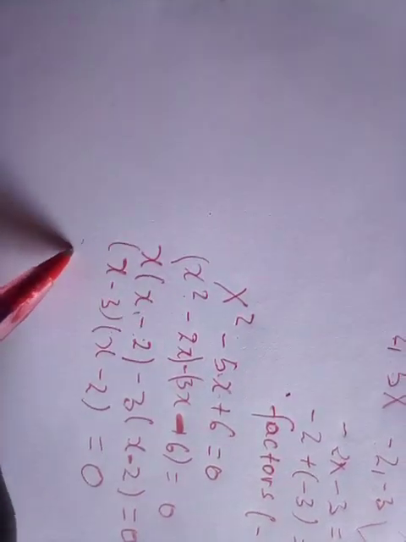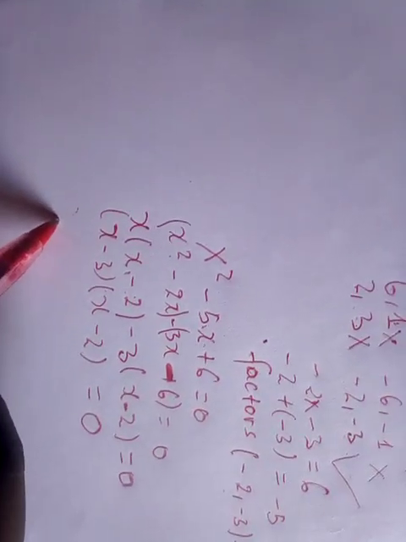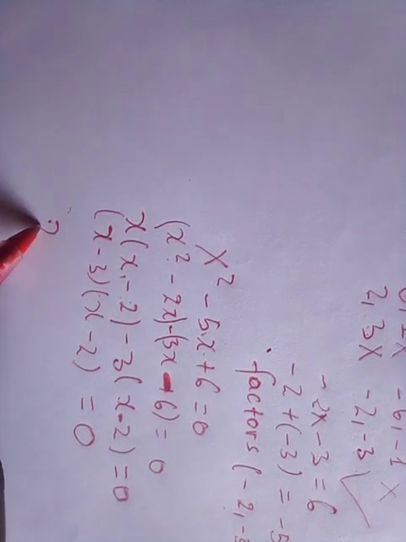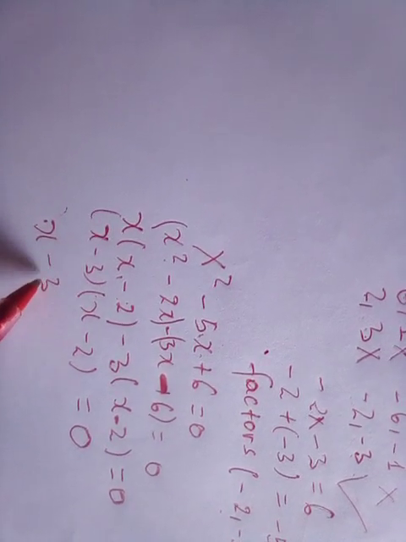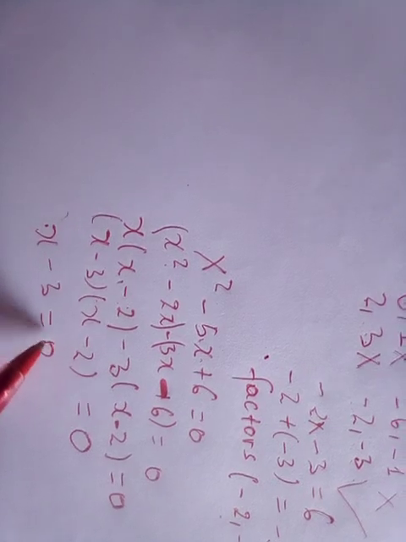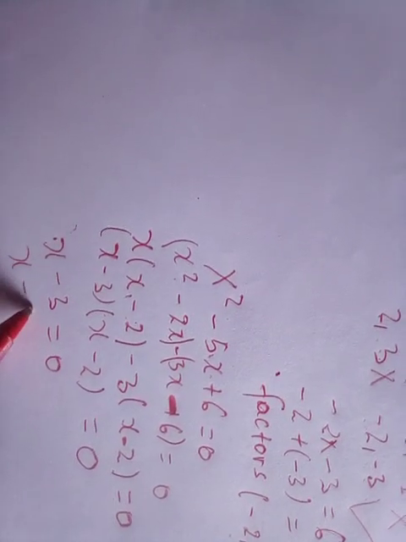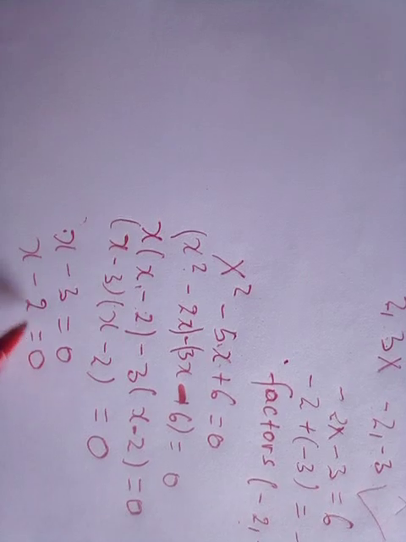So x minus 3 is equal to 0, and x minus 2 is equal to 0.